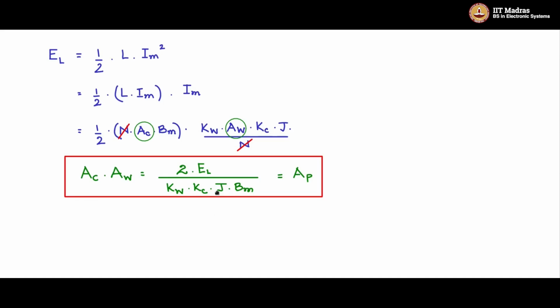This is the equation that you will be calculating and checking in a table of cores, comparing it with the area products of the cores, and you will pick out that core which has an area product greater than that which is calculated, and that is what we will be using for the inductor design and later on for the transformer design too. But for the transformer design, the area product equation will be different. We will come to that later at that point in time.